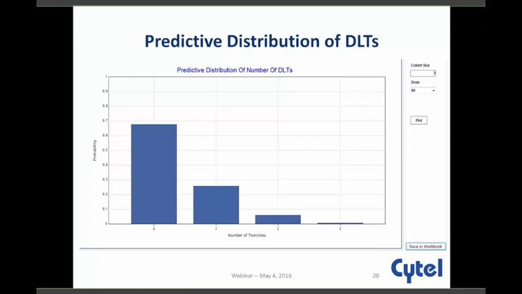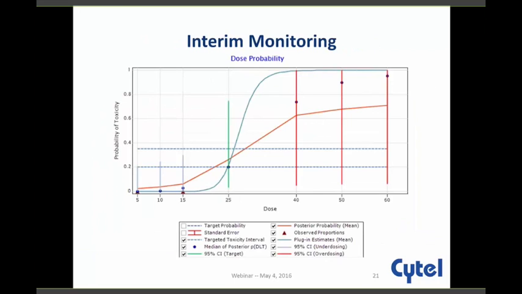Finally, another type of output that you can see, just to check whether indeed you are doing well in terms of the dose toxicity model that you have considered, is this dose probability graph, which enables you to see what the true model that you have selected is going to be, and in orange what the Bayesian posterior probability shows you, so that you can get an idea of how close you are to the model that you have assumed.